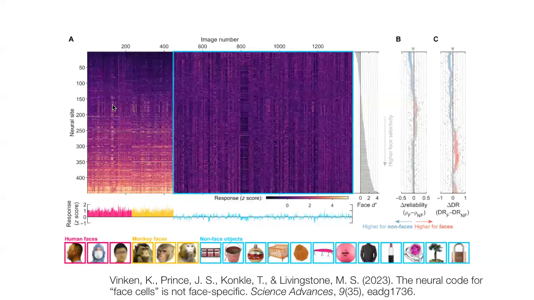You could see that these cells are, and the color coding is that if it's brighter, it means that it's more active. And these are ordered, so the more face selective cells are at the bottom. So what you see here is that these cells are really active, for example, for human faces and monkey faces, and not so active for objects.